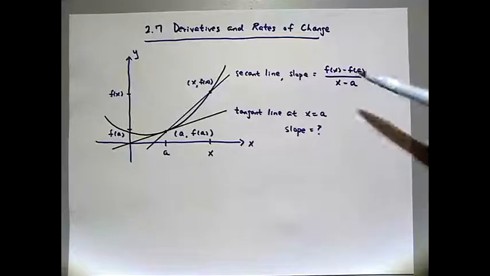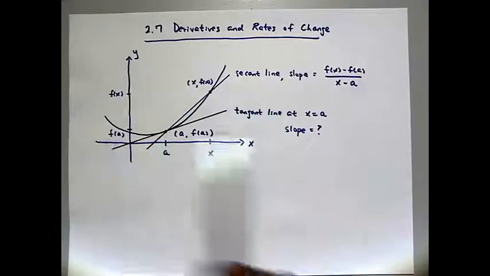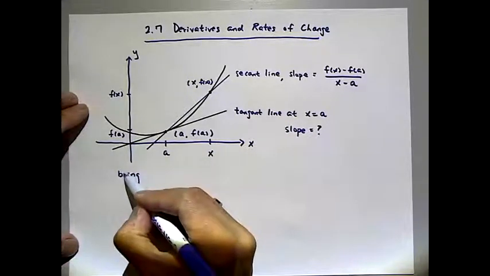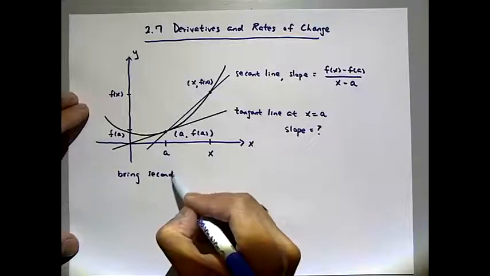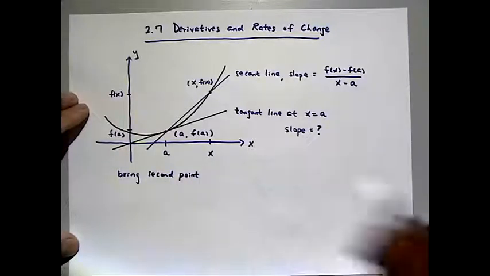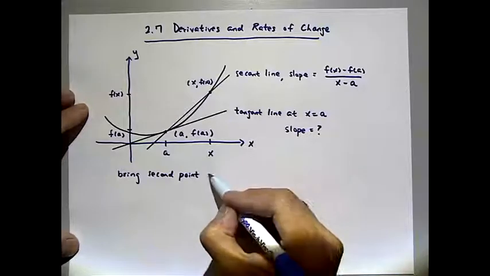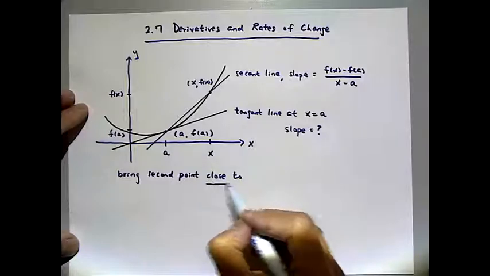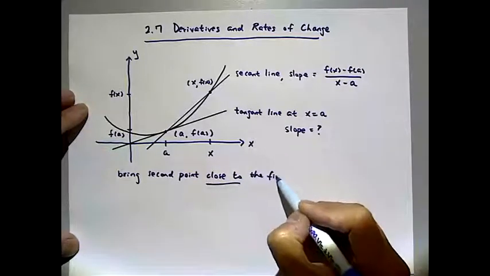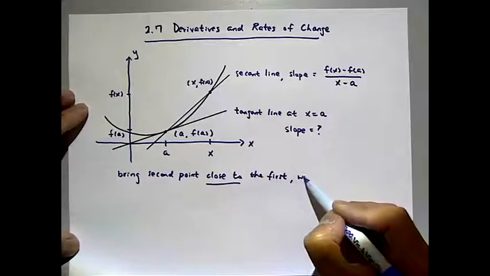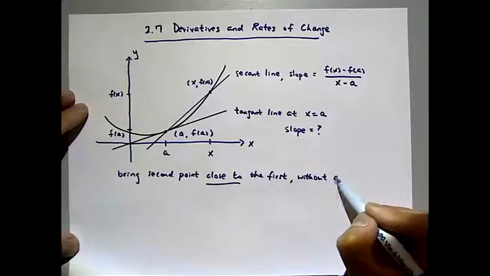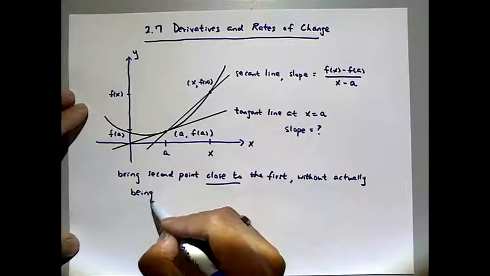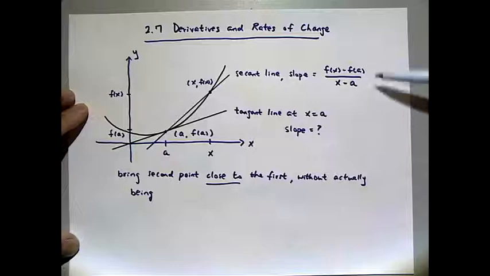Now to get the tangent line slope, we're going to slowly bring the second point closer to the first. So here are the key words, right? Close to the first one. Of course, we can't make them at the same spot because then the slope is undefined.